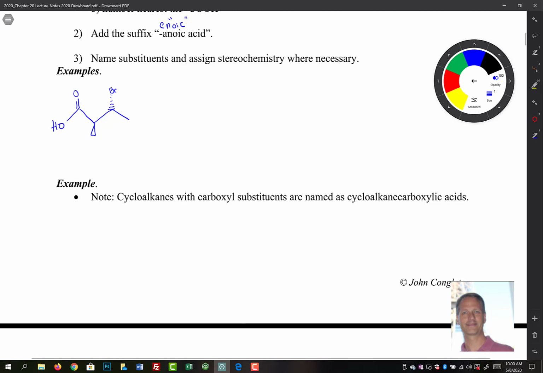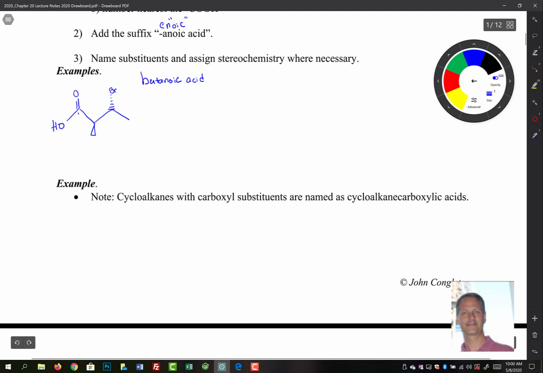We've got 4 carbons here. So but is going to be our count for that. And this is an alkane, so it's going to be a butane. And then it's a carboxylic acid, so it's going to be a butanoic acid. And then the rest of it is just your basic nomenclature stuff that we've talked about all along.